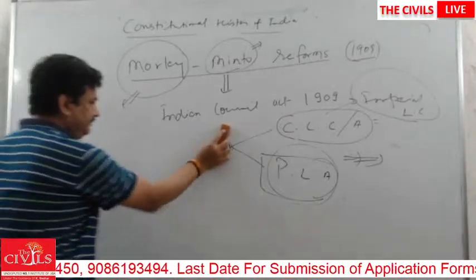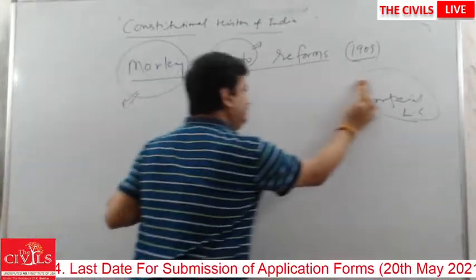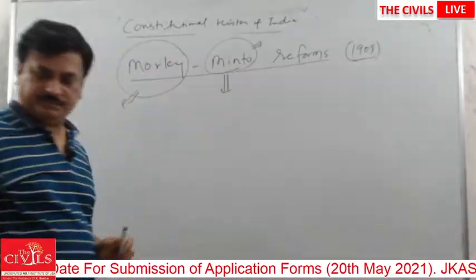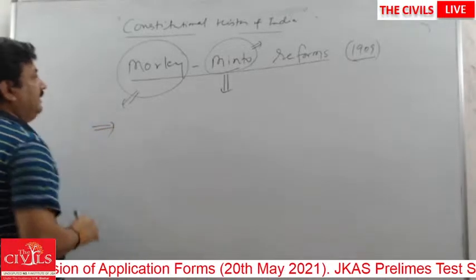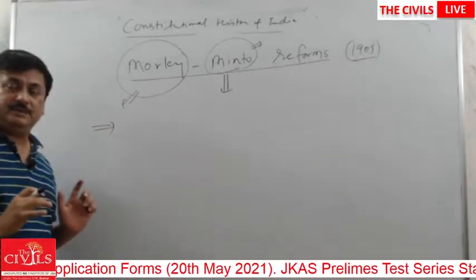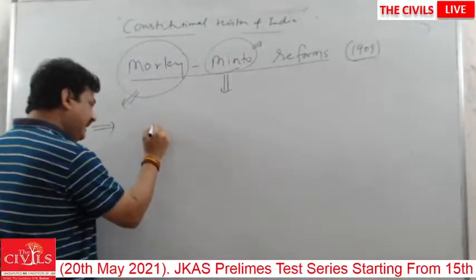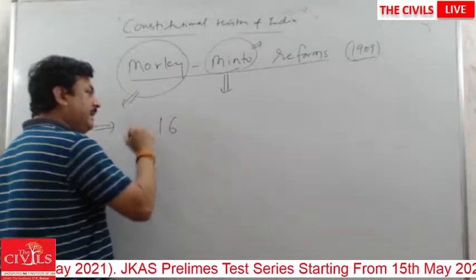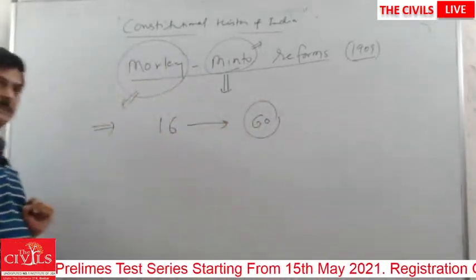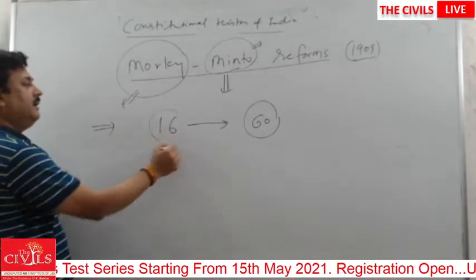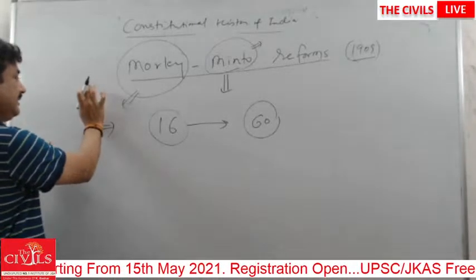The second point: the Governor General Council was also enlarged. Earlier there were 16 members, but now it was increased to 60 members. So what was the first point?